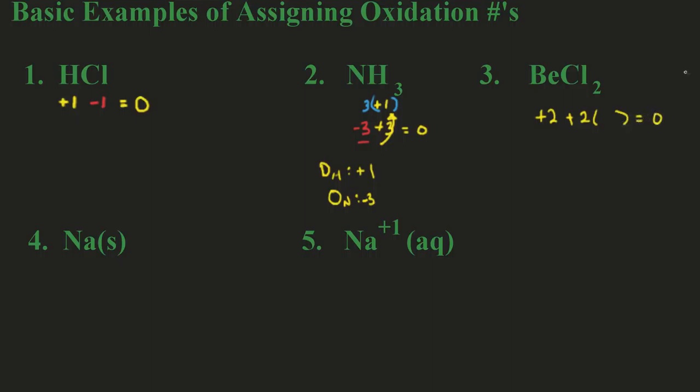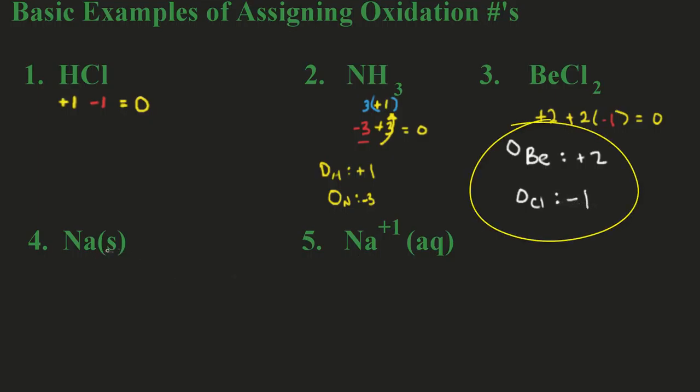Well, the only thing I can plug in to make that a true statement is a -1. So then 2 minus 2 gives you a 0. So now the oxidation number for beryllium is going to be +2. Then the oxidation number for chlorine is -1.